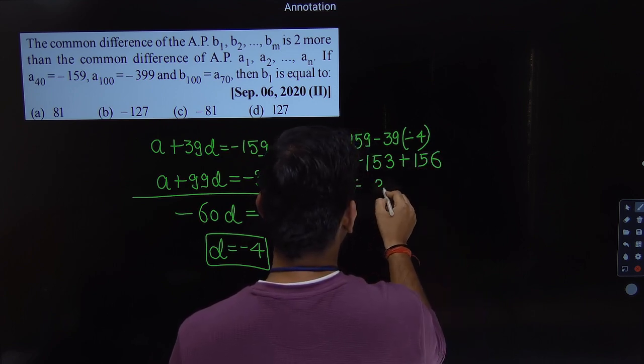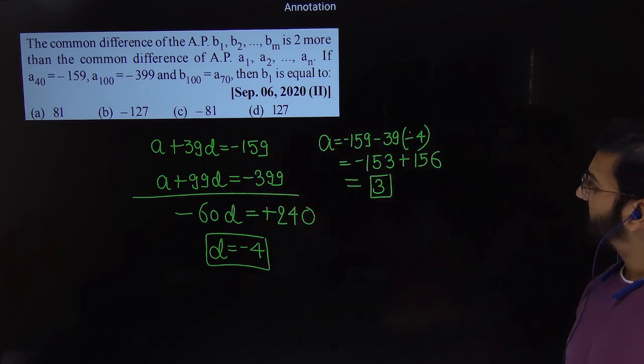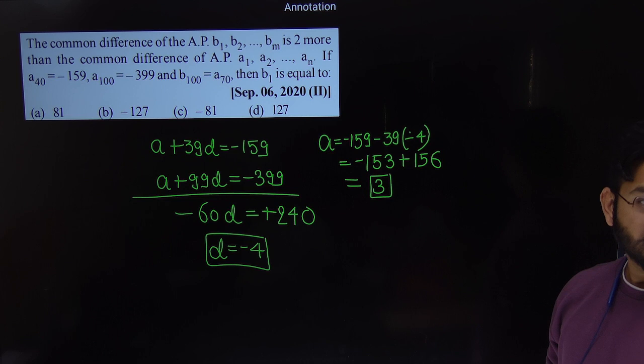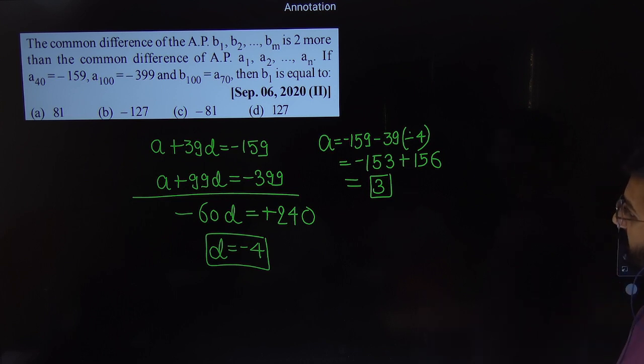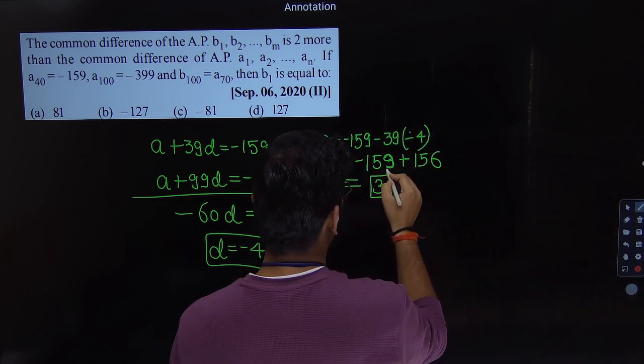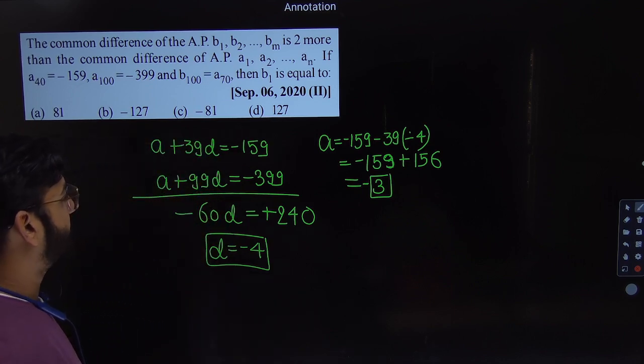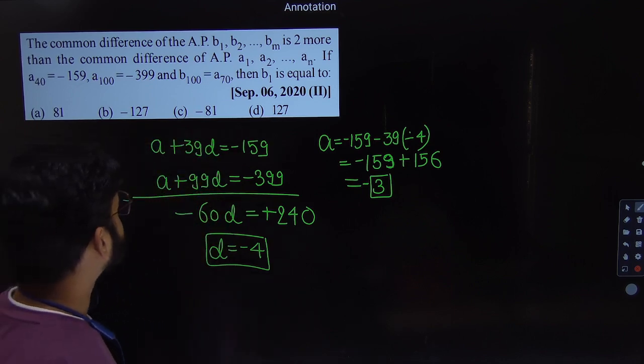Minus 3 or plus 3? I'm getting plus 3. Anyone getting plus 3? Because I've not calculated for A and D also. A is minus 3, D is minus 4.